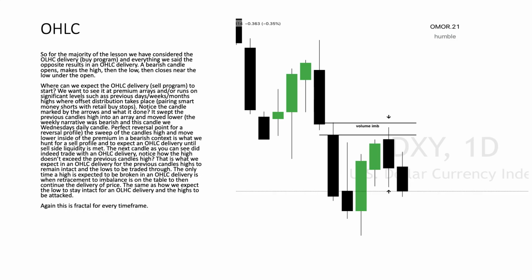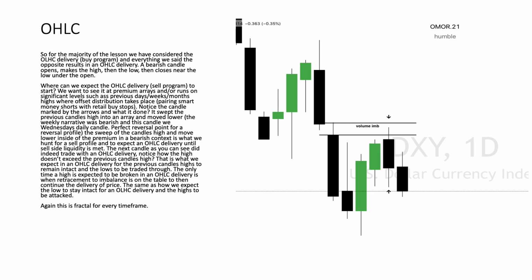Where can we expect the open high low close delivery, which is a sell program, to start? We want to see it at a premium array and all runs on significant levels such as previous days, weeks, months, highs, where offset distribution takes place, pairing smart money shorts with retail buy stops.